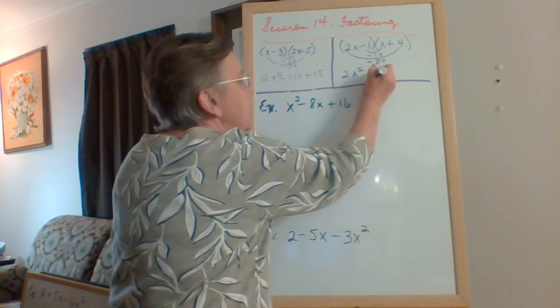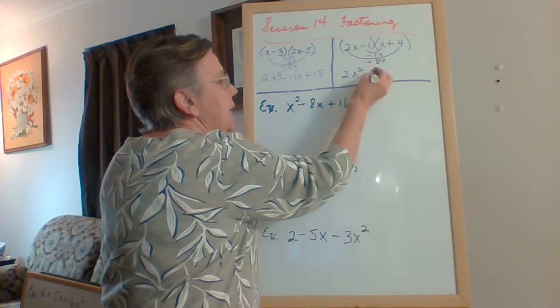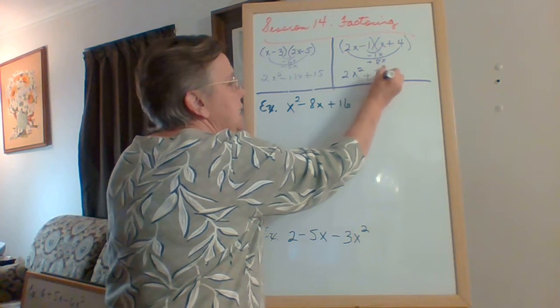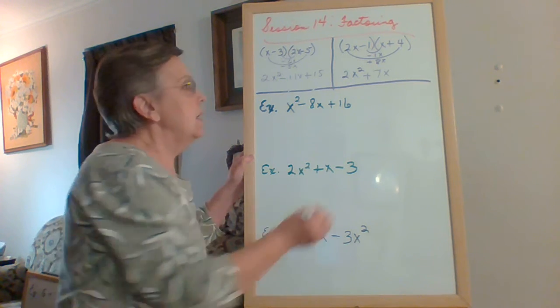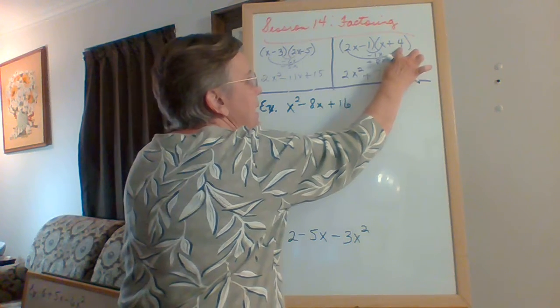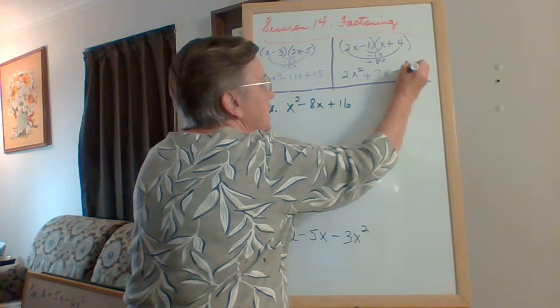That will give me a 7. The larger is the plus, so that is plus 7x. The last term, minus 1 times a plus 4 gives me minus 4.